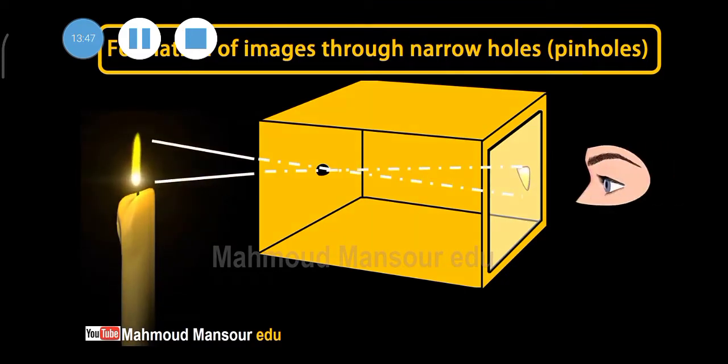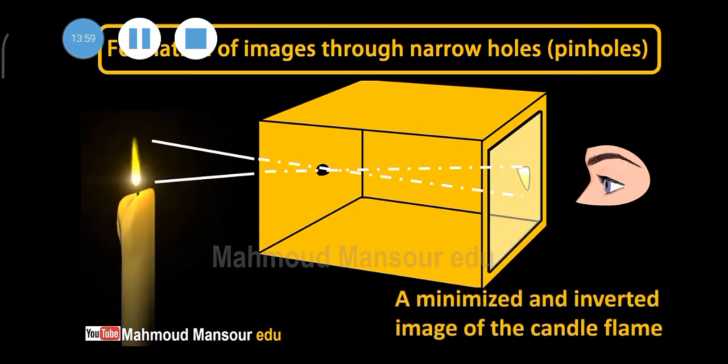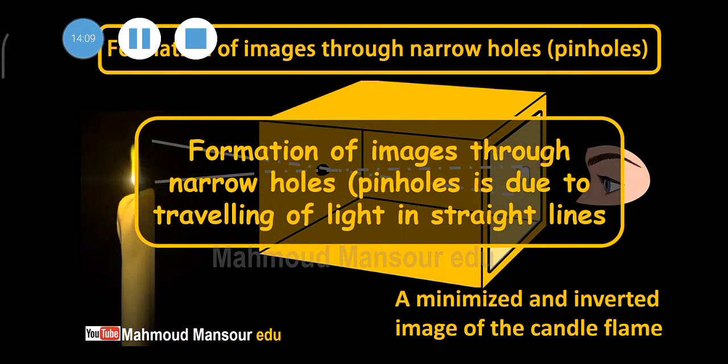Move the candle forward or backward until you see a clear picture of the candle flame on the semi-transparent paper. Observation: a minimized and inverted image of the candle flame is formed on the semi-transparent paper. Conclusion: formation of images through narrow holes or pinholes is due to traveling of light in straight lines.